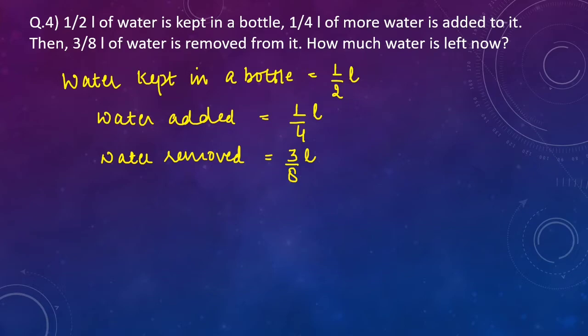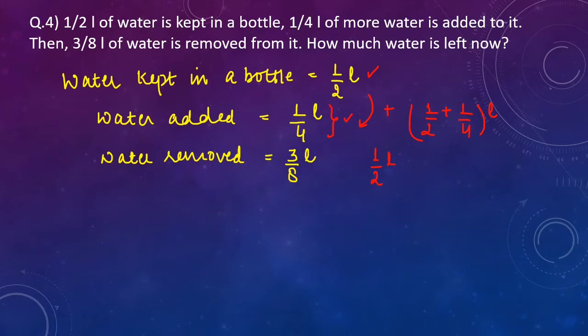That means 1 upon 2 liter water was already present in the bottle. Then we added 1 by 4 liter of more water into it. So 1 by 2 plus 1 by 4 liter of water is there in the bottle now. After that, 3 upon 8 liter of water is removed from the bottle.